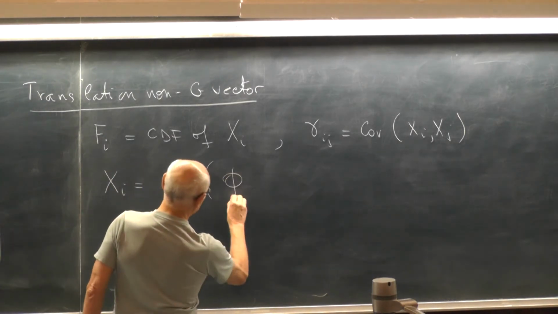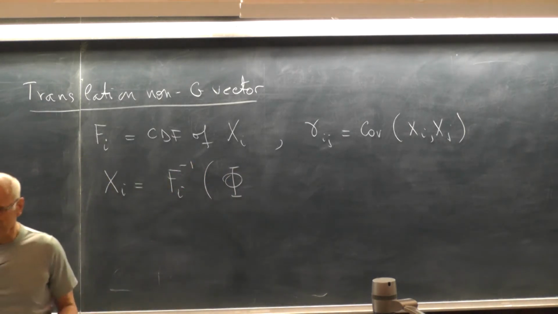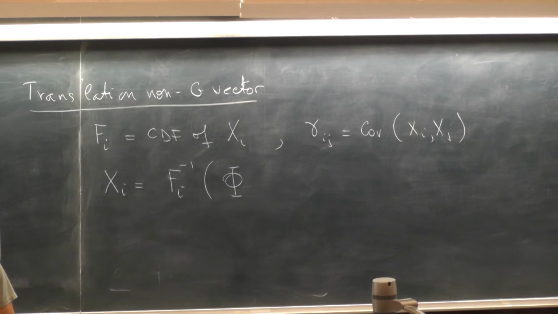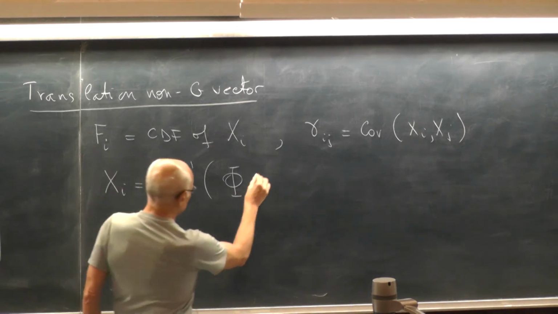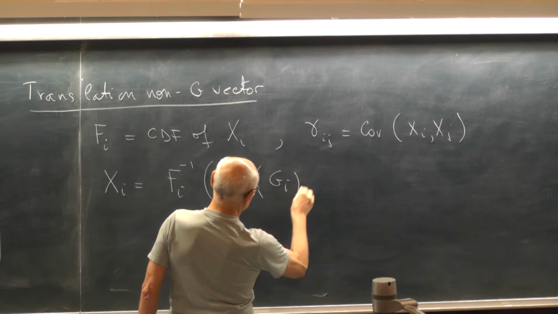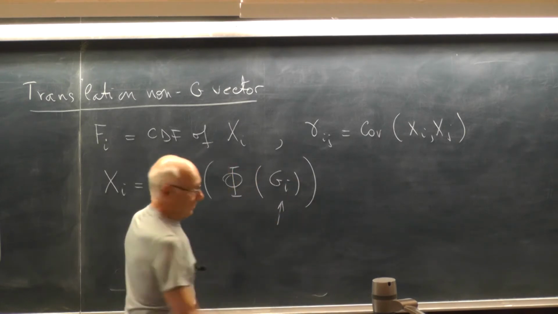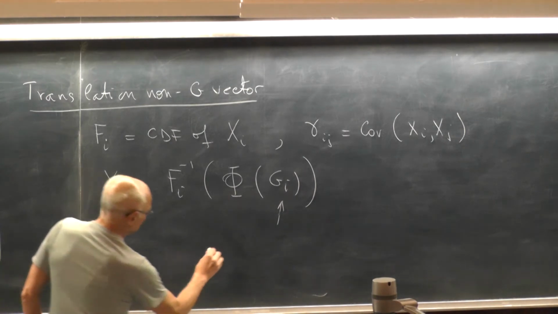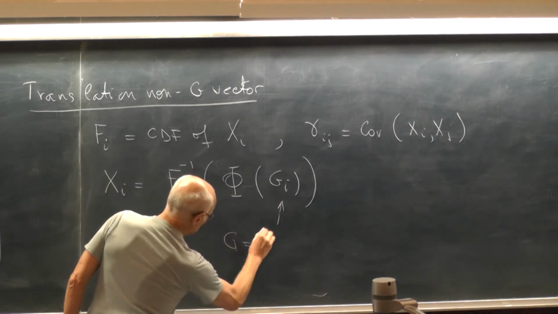And here I write, this is a notation for the distribution of the standard Gaussian variable. You've seen it, right? And what are these G_i? They are Gaussian variables, and they form a certain vector G.